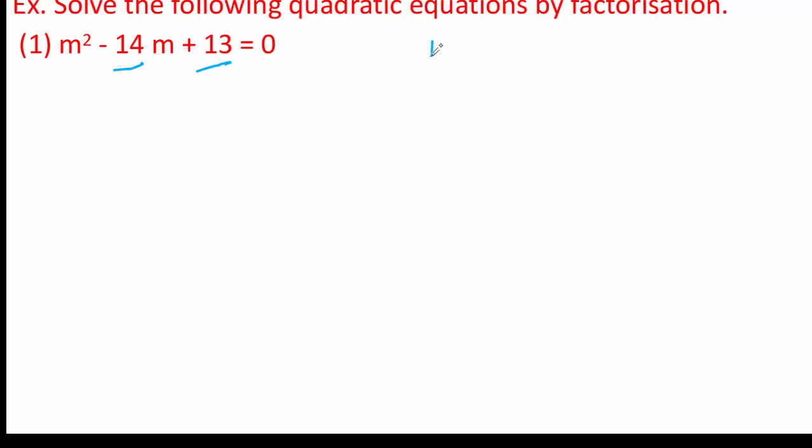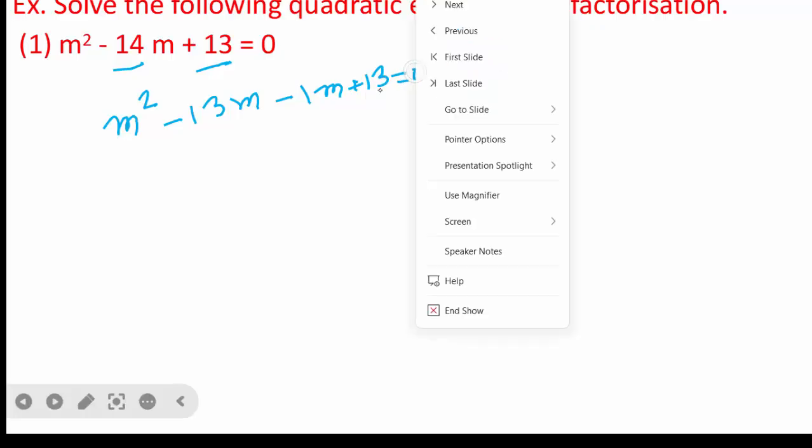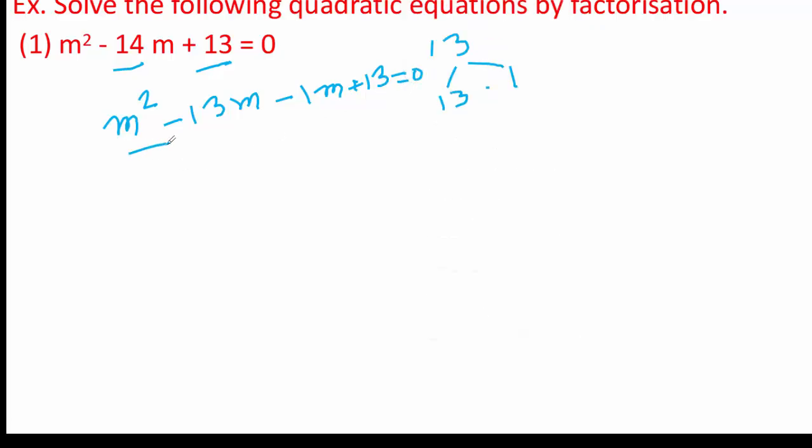Therefore, 13 can be factorized as 13 and 1. Therefore, I shall write this equation as m square minus 13m minus 1m plus 13. Now, from m square minus 13m, I shall take m common.